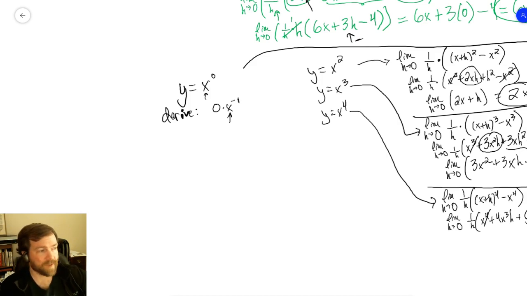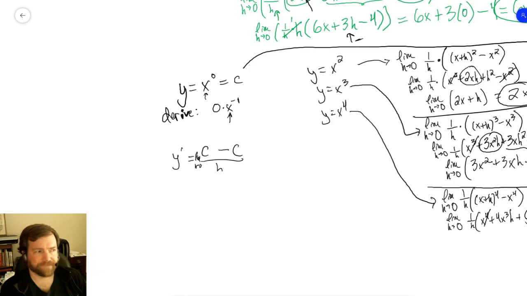So last little thing about this is that if you have y equals x to the 0, which really is just some constant c, then to take the derivative of this, you're saying that I want to take the function f of x plus h. Well, there is no x to plug in anything, so it's just c. So that's going to be y prime equals c minus c divided by h, and then we take the limit as h approaches 0.